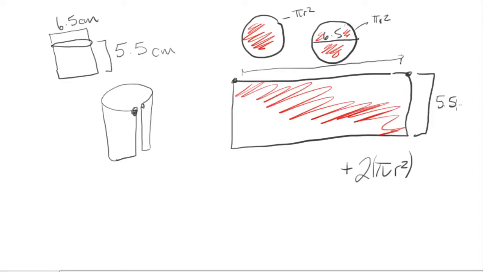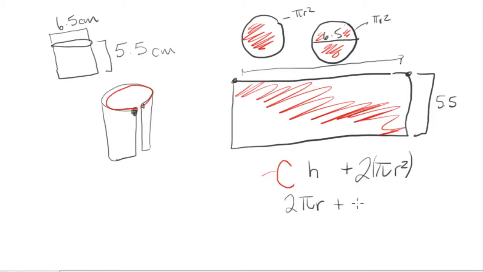Well, we have the height, which is the height of the can. How do we calculate this length here? Well, if we look, there's this length around here, is it not? Which is the same as what of the circle? The circumference. Same as the circumference. Well, how do we get circumference? We remember it's 2 pi r.